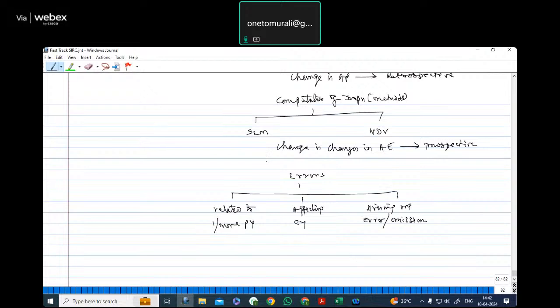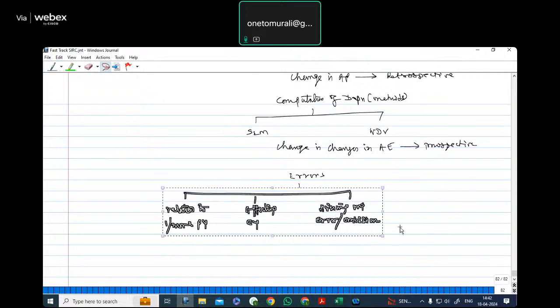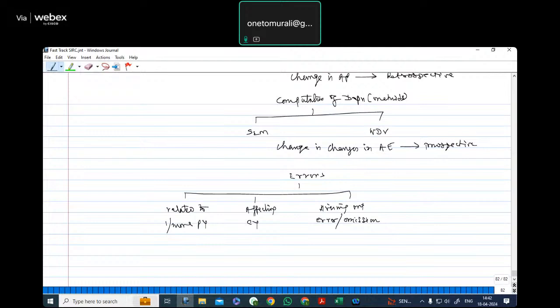So here we would like to add two more points to it. What are the two more points that we have? It includes intentional error.